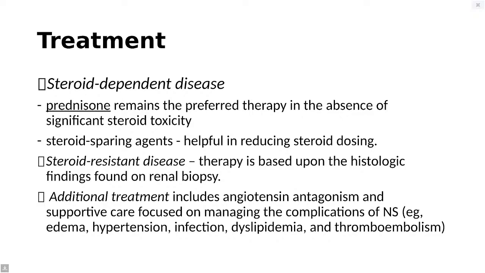When the disease is steroid-dependent, prednisone remains the preferred therapy in the absence of significant steroid toxicity. The second group is steroid-sparing agents, helpful in reducing steroid dosing. When the child has steroid-resistant disease, therapy is based upon the histologic findings found on renal biopsy, very important.